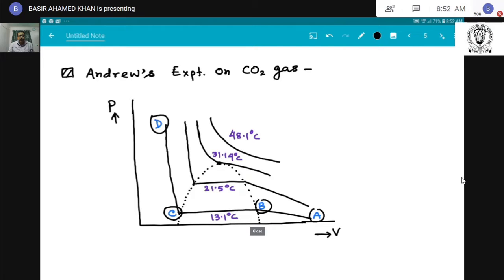There are 4 isothermals in this plot. Now I explain the curve A, B, C, D, that means the isothermal at 31.1 degrees centigrade.